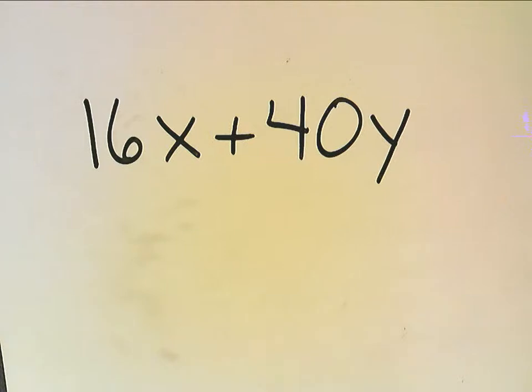Now, when we factor out the GCF, we're kicking out grandma, right? You guys remember I showed you how to kick out grandma? Grandma is the greatest common factor. So if you look at this expression, what common factor do 16x and 40y have? 4.